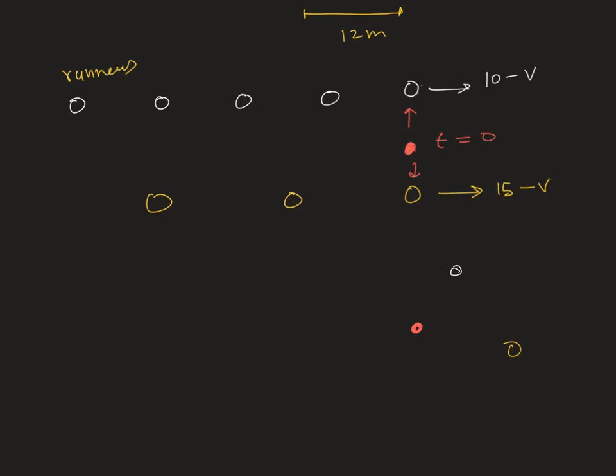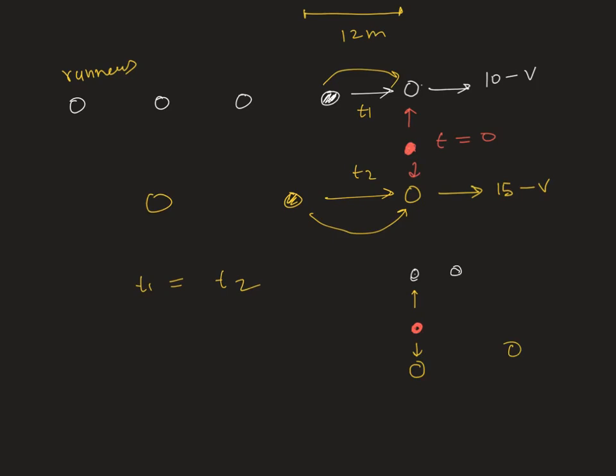But now there is another runner into place and there is another cyclist into place, and I still have a runner and a cyclist on both sides. So when the next one comes here and when the next one comes here, they must come by my side at the same time. So the time required for this runner to come to this position and the time required for this cyclist to come to this position, let's say this time is t1 and this time is t2, we must have t1 equals to t2, as simple as that.